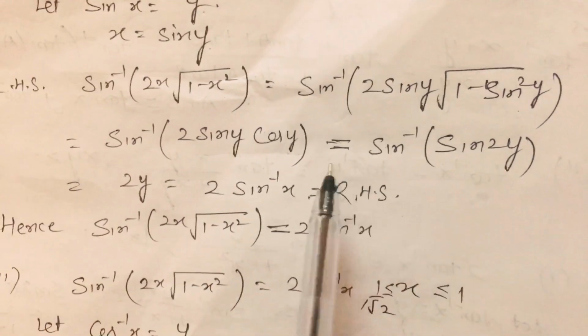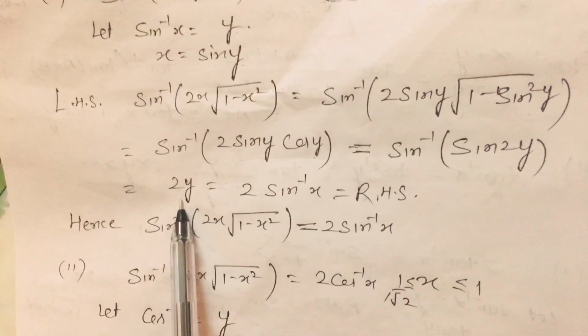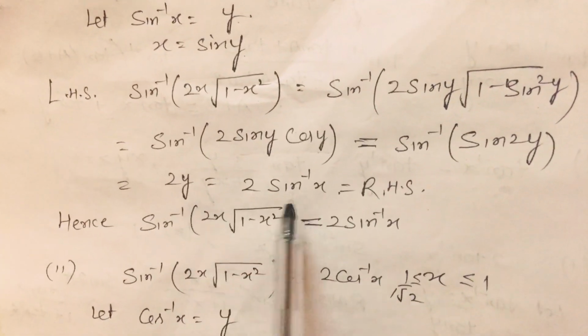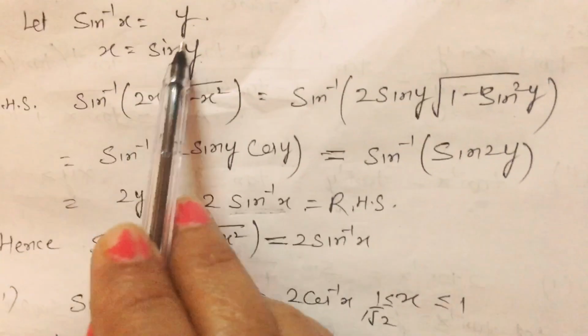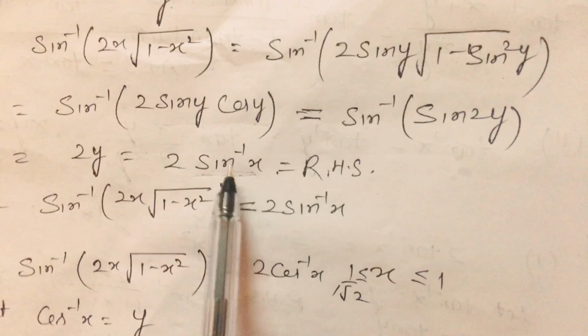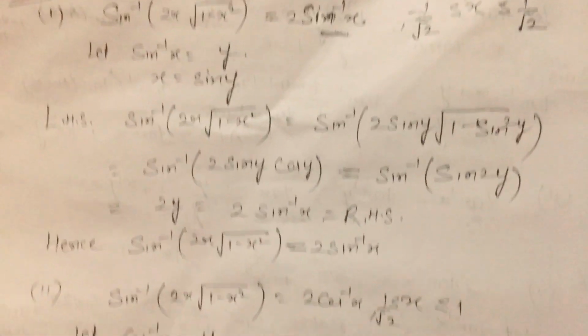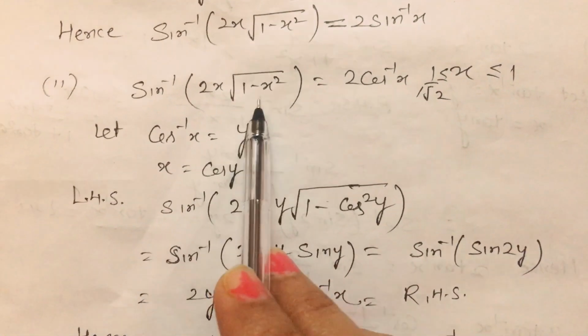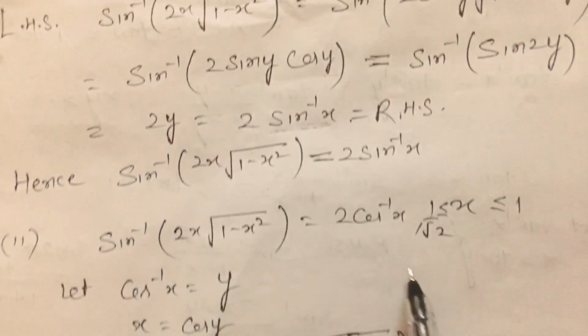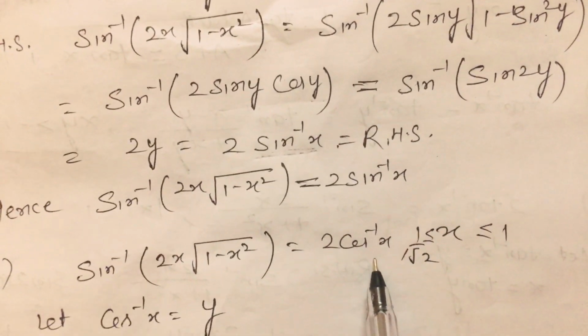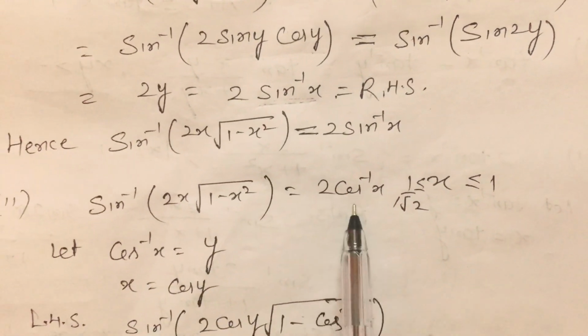So sine inverse cancels with sin, it will be 2y. 2 into y, what is y here? Sine inverse x. So this is equal to this. Now come to the next, second. Sine inverse of 2x into square root of 1 minus x square, same. We can write this is equal to cos inverse x.